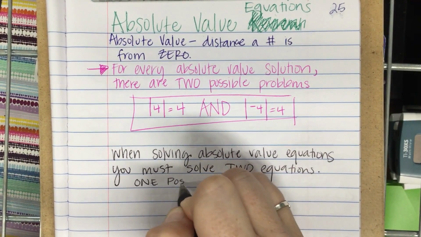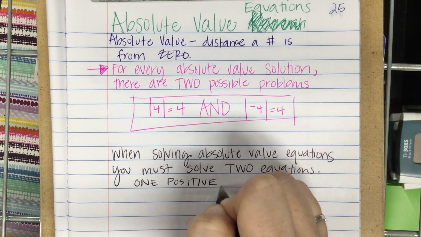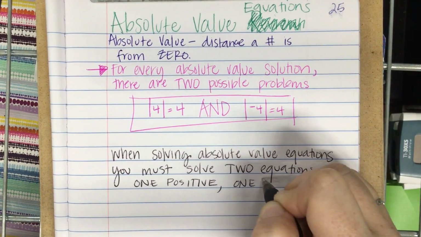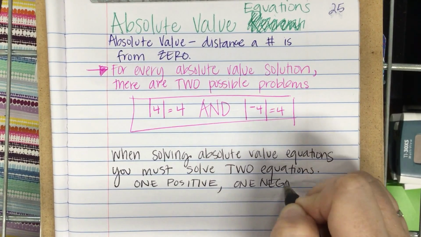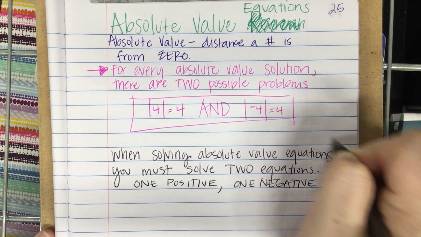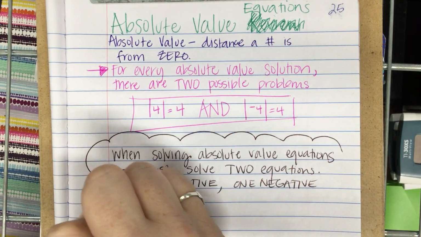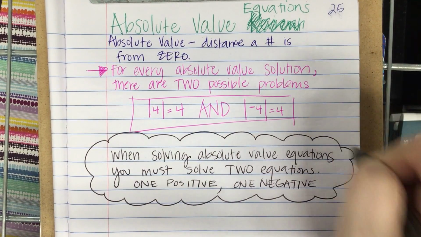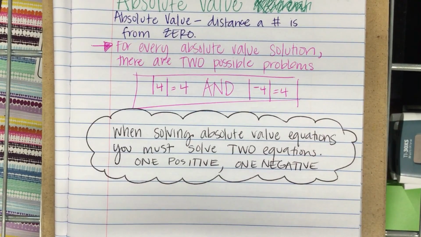One positive and one negative. When you're solving an absolute value equation, you have to do it twice. There has to be 2 equations to solve.